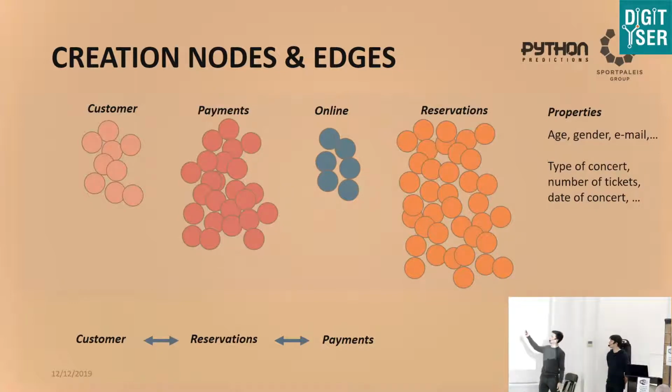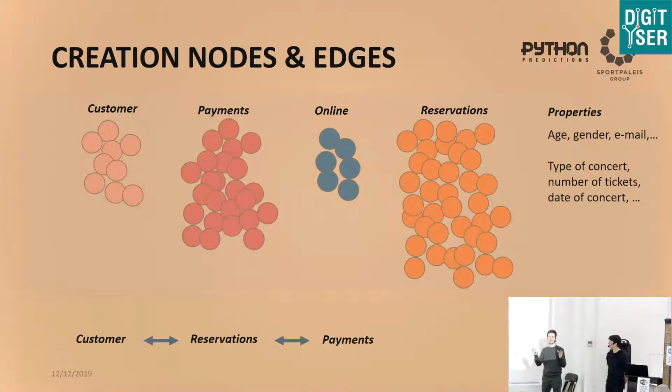So these are actually the nodes that we will implement in the graph, and we also have, of course, relationships that are needed in a graph model. And let's say we implemented two main relationships. One is from the customer to the reservation, and then you have the reservation to the payment.